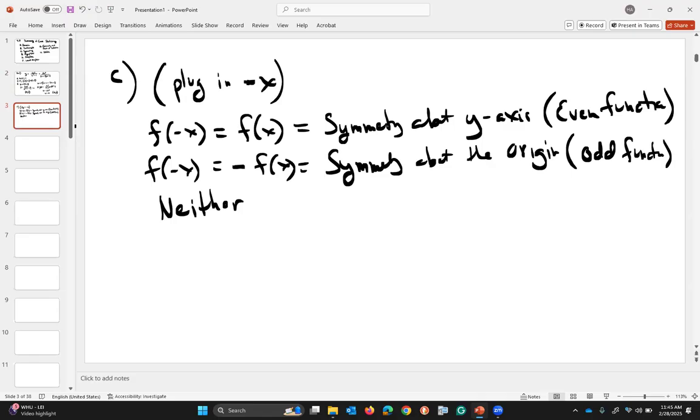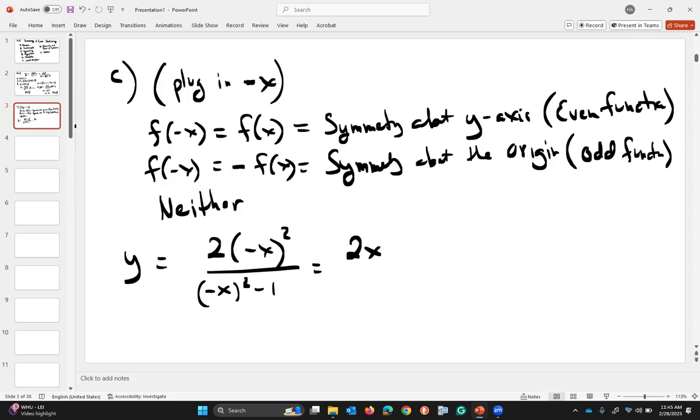So let's do this here. Let's plug in a negative x into this little guy. And what do you guys get? Negative x squared is just a positive x squared. So we're good there? Boom.